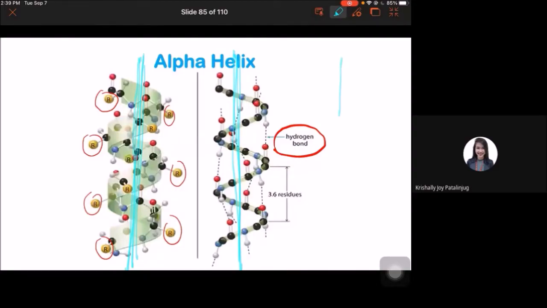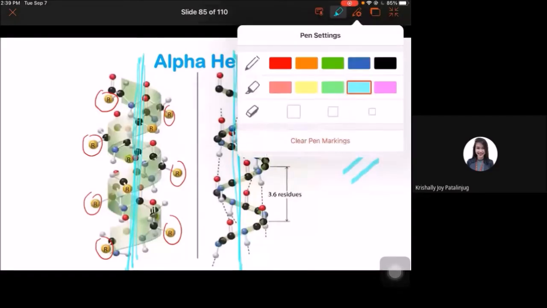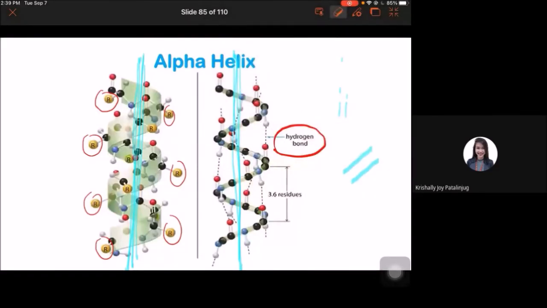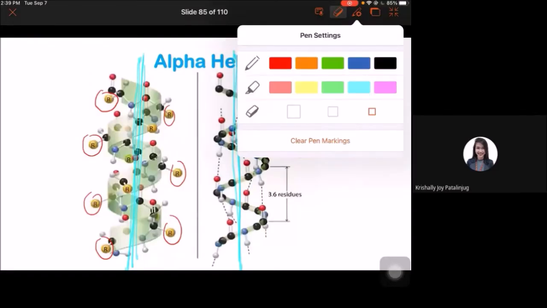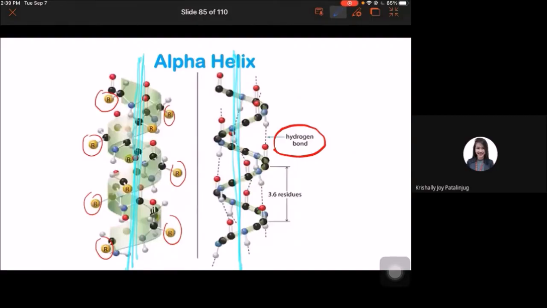The hydrogen bond to the axis of rotation alignment is parallel. And the turns, per turn, need 3.6 residues to form a turn. So that is the alpha helix in general, the description and characteristics of alpha helix.